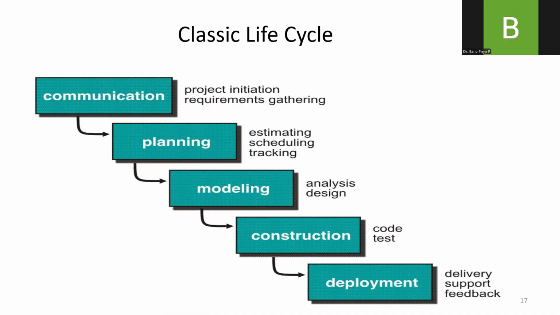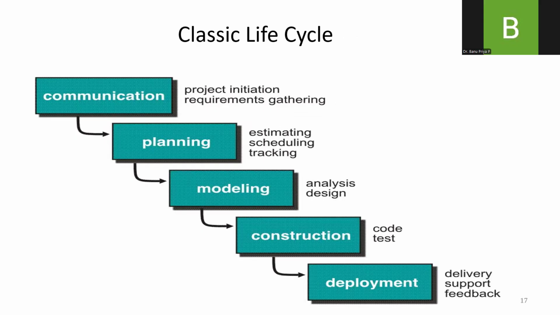Communication is the initial requirement gathering. Once the requirements are gathered from the customer or the stakeholder, then our planning should start. That is, time estimation, the project timeline has to be made, the budget has to be estimated, how many resources and what the resources are, all these have to be estimated under planning.